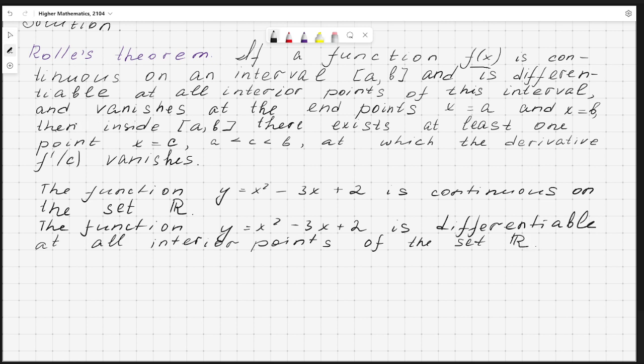Then the function must vanish at the end points x is a and x is b.